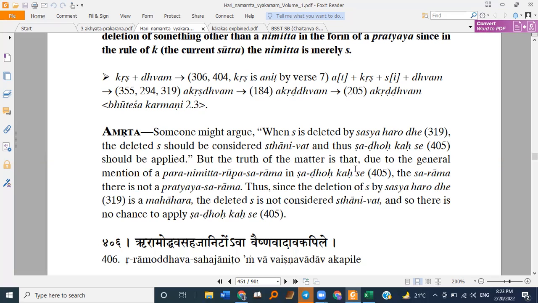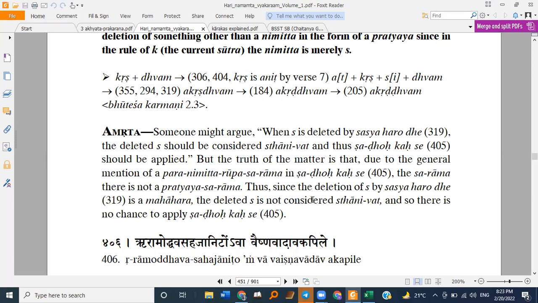But the truth of the matter is that due to the general mention of Paranimitta Rupa Sarama and Shadho Kasi, the Sarama, there is not a Pratyaya Sarama. So it's not a Pratyaya Sarama. Thus, since the deletion of Sa by Sasya Harodhe is a Mahahara, the deleted Sa is not considered Sthanivat. So that's the point. When it is considered Mahahara.